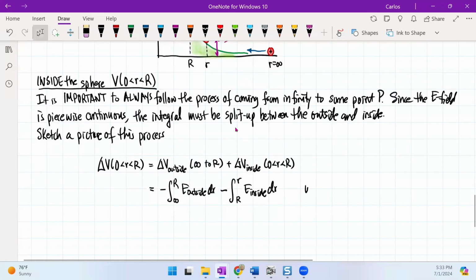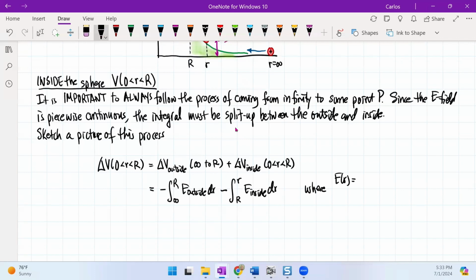Now remember, even though we've already written this, I'm going to write it again. This tells me that if I'm looking at the inside, that is 0. If I'm looking at the outside, this is not 0, but Q over 4 pi epsilon r squared.